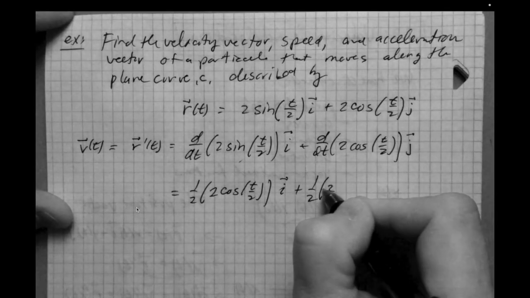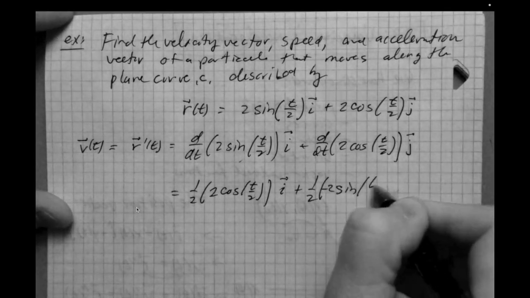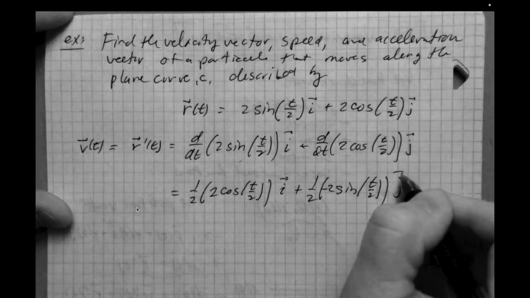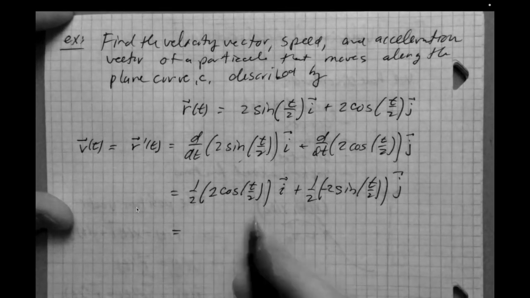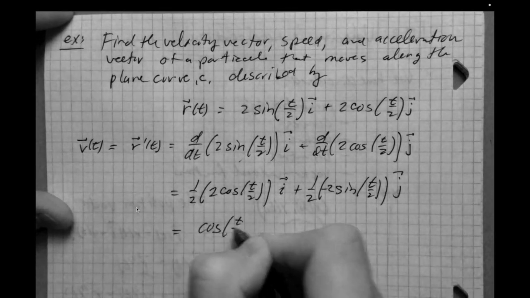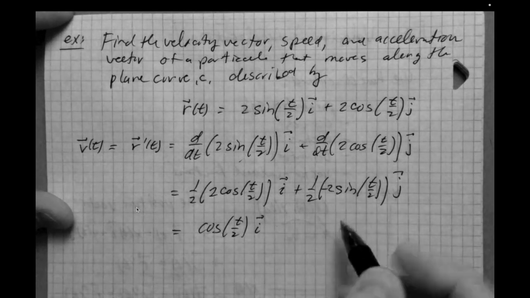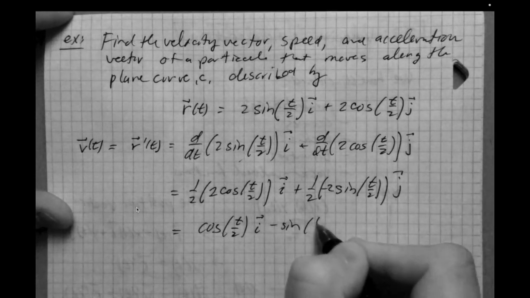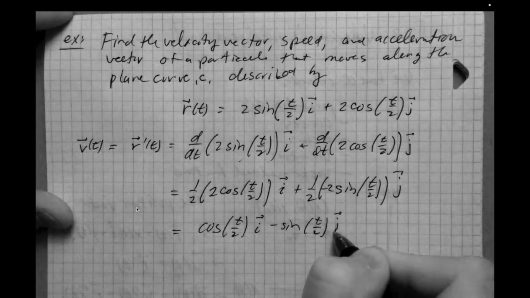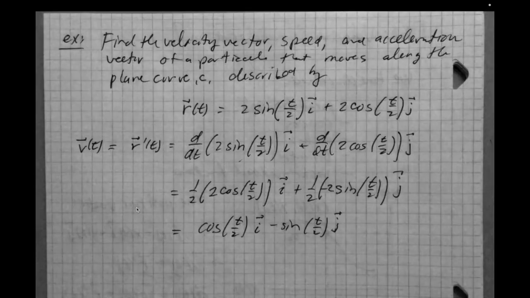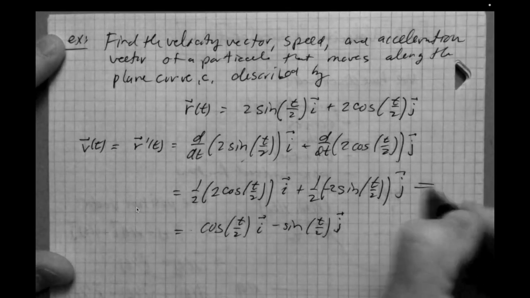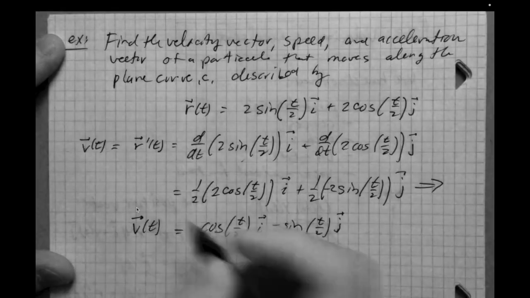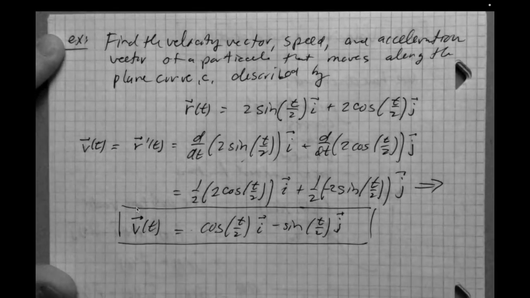Well, we'll put the negative inside. Negative sine of t over 2 times j. And then we can do some cancellation here. So this would be cos t over 2 times i, and then minus sine of t over 2 times j. Okay, no problem. So that's the velocity vector. So that's part 1. So we got that piece.